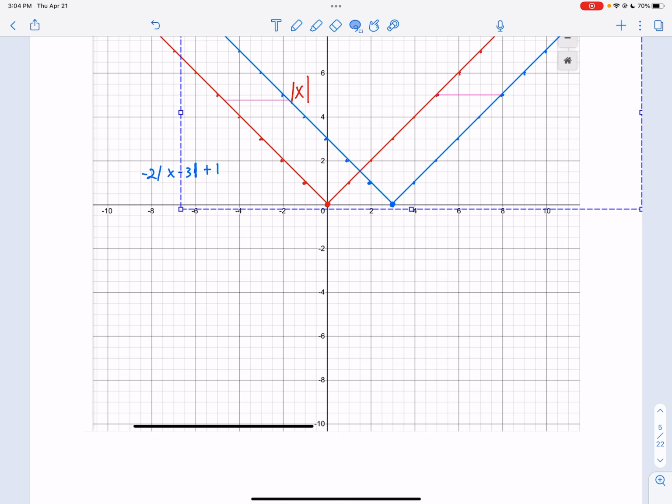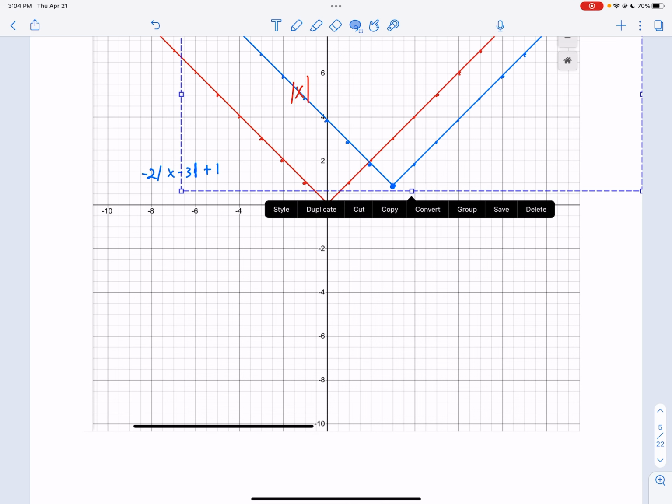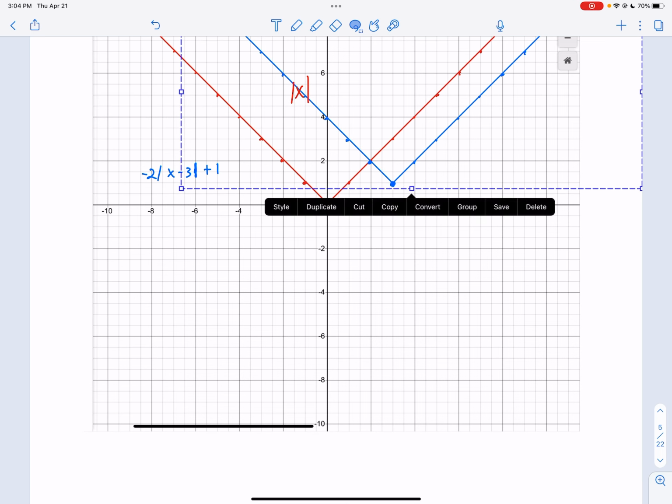So that horizontal shift did that. And then we've got to move it up 1, because of that plus 1 that's on the outside. So even without looking at the scaling, we know where to put our vertex. So that is where your vertex would go.